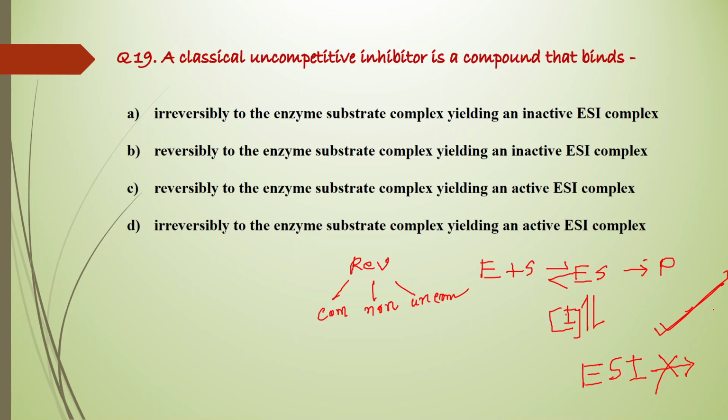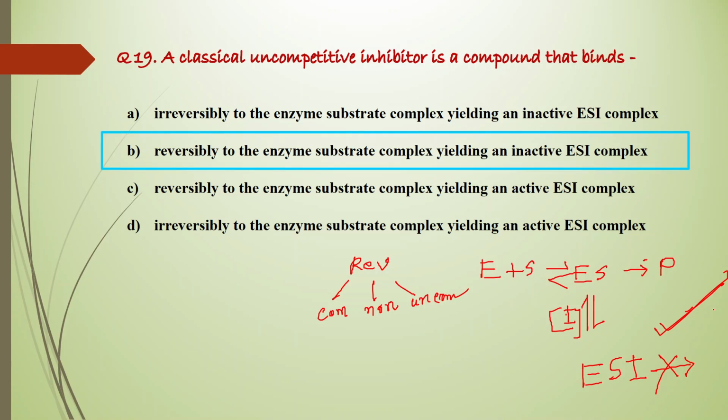Now let us look at the options. The first one says it is irreversibly bound to the enzyme substrate complex, yielding an inactive complex. So now let us look here. Does the inhibitor bind irreversibly in case of this? Obviously this will be fully wrong, because first of all we are just discussing a type of reversible inhibition.